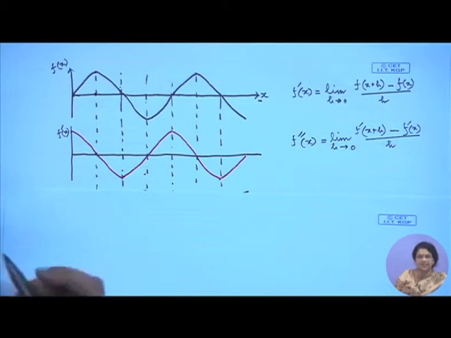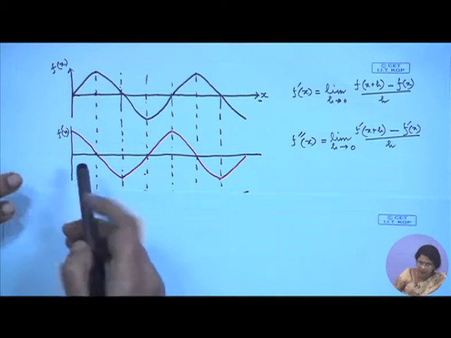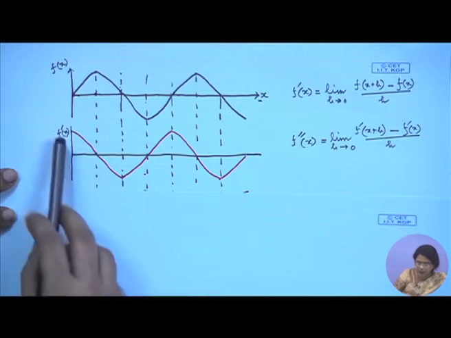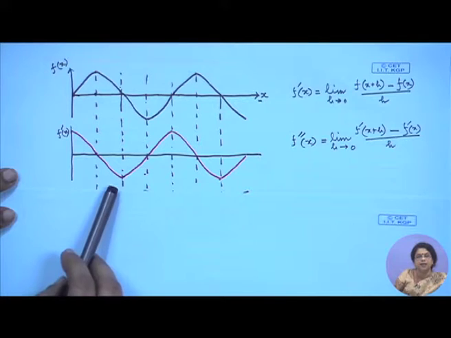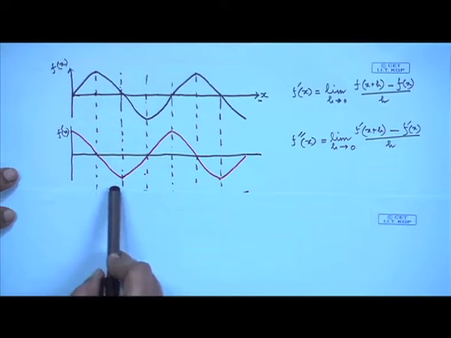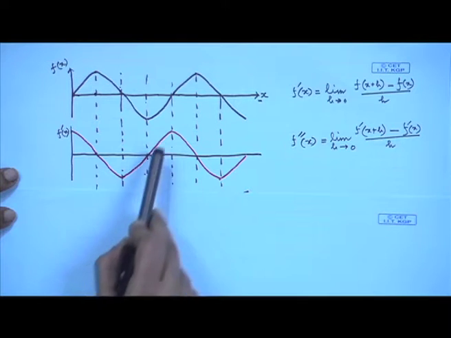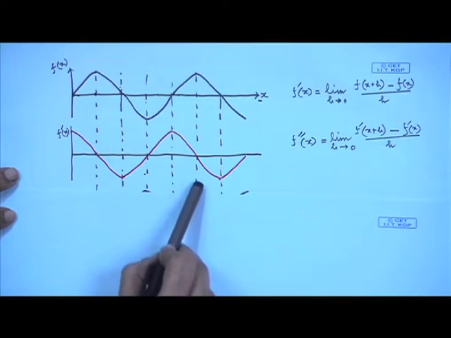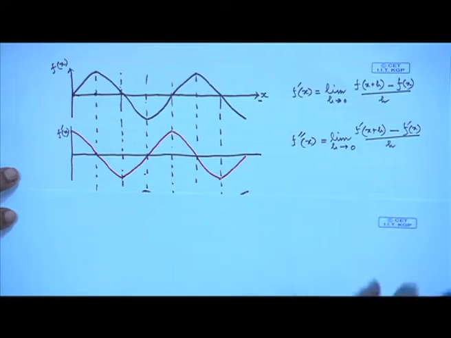Now, again you consider the same part here. If I consider from here to here, the function is decreasing, so the first order derivative of f prime x would be negative. Here it will be 0, then increasing, positive, it will move to positive, again it will be 0, again it will come to negative. In this way it will move.